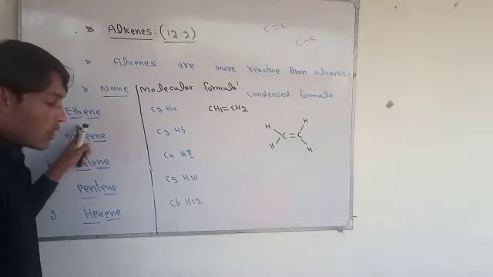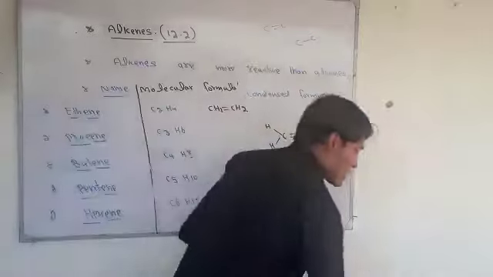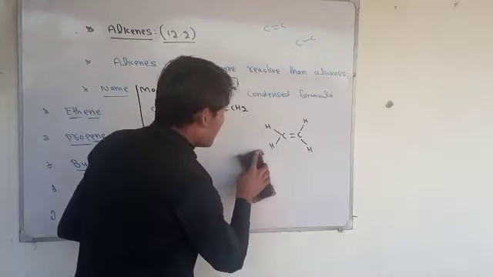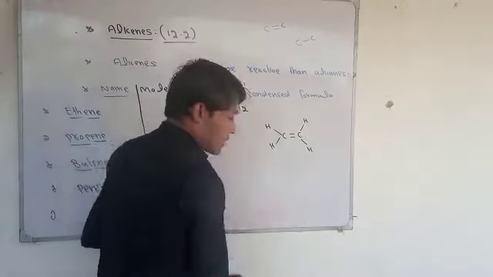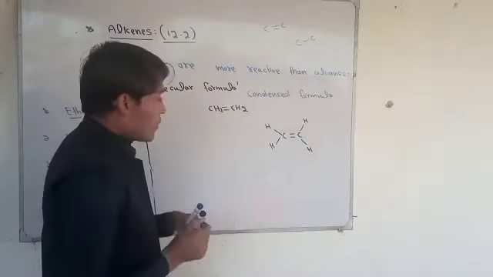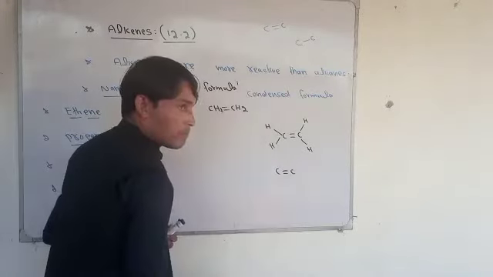Now if we want to talk about propene, what can we draw? We'll erase this and draw the next one. Now that carbon always has a double bond. Remember it.